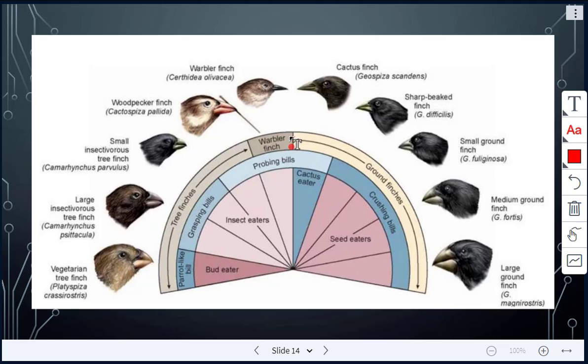Then there were, for example, warbler finches. They had probing bills, and then tree finches. So these types of finches, they were more insect eaters or maybe cactus eaters. So they had beaks or bills that were adapted for grasping insects. All right, and then here we have a bud eater. So this one here, eating buds.